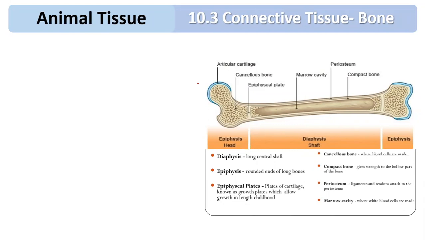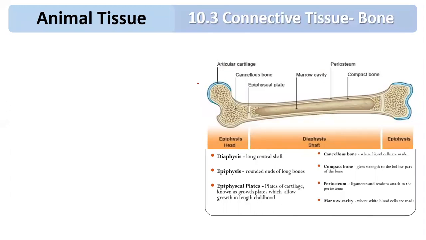Now within the epiphysis there is a bone marrow called red bone marrow. Why red bone marrow? Because it is concerned with the formation of blood cells. The red bone marrow present within the epiphysis is responsible for the formation of RBC, WBC and platelets, and the formation of blood cells is called hemopoiesis.